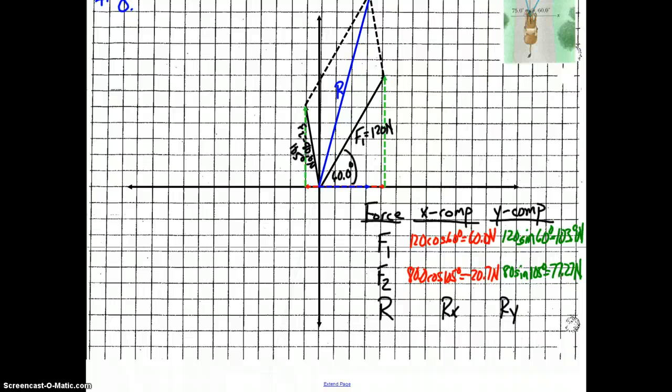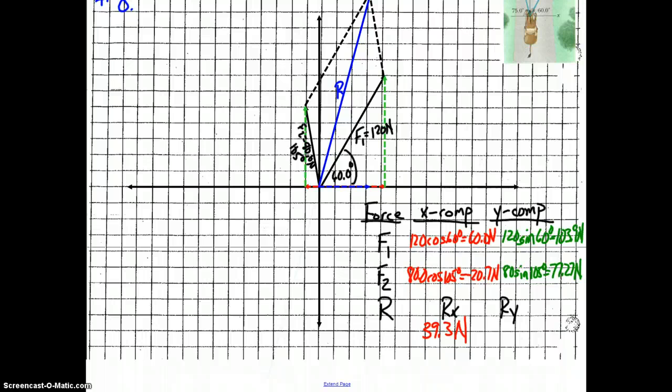All right, so now we go ahead and add our x components to get our resultant x component. So we've got 60 newtons minus 20.7 newtons. Same thing. And we should be getting 39.3 newtons when we calculate that.